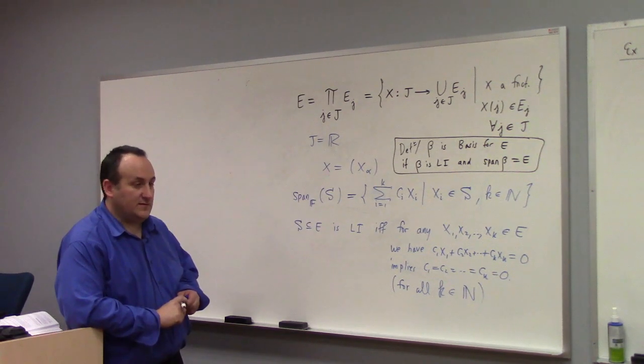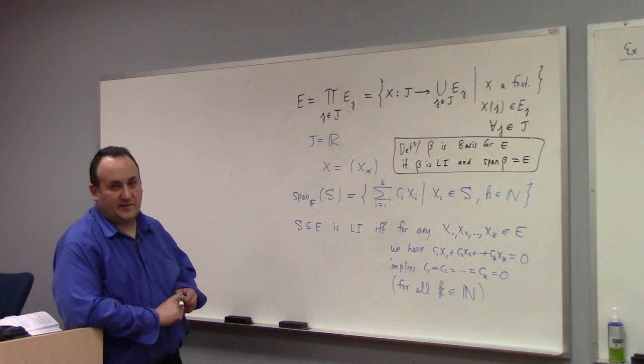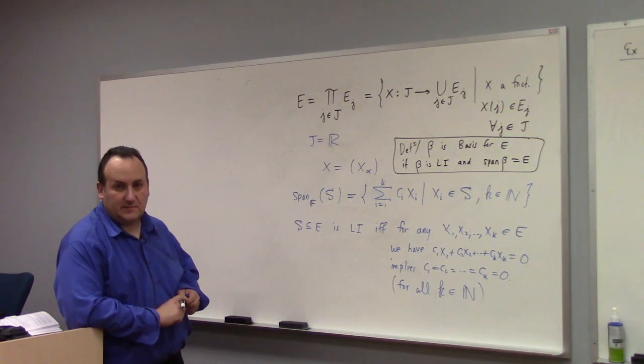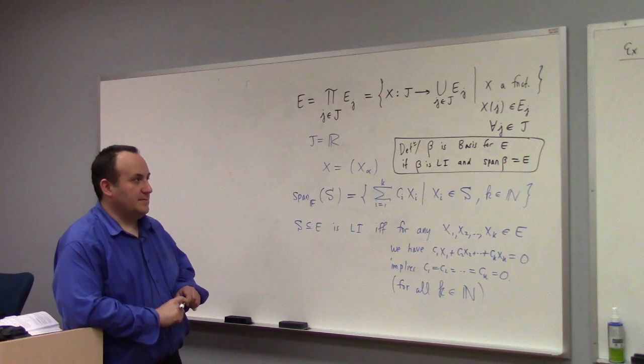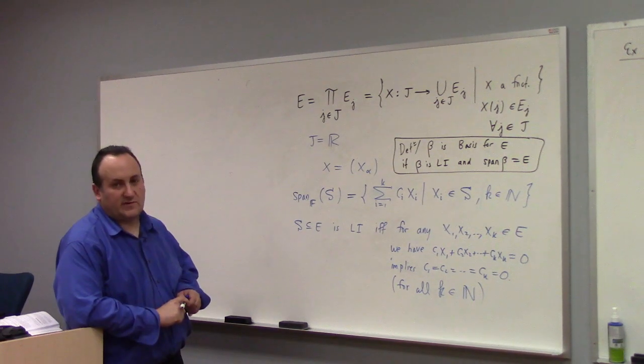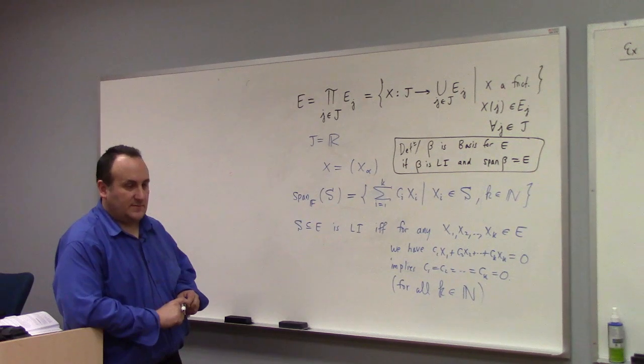Now, more generally, you can prove that any two bases for a vector space have to have the same cardinality. So there is an extension of the notion of dimension for infinite dimensional vector spaces where you replace numbers with cardinality. But I don't know if we need that in here.